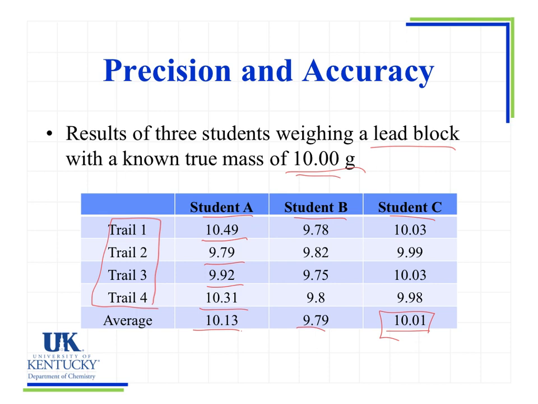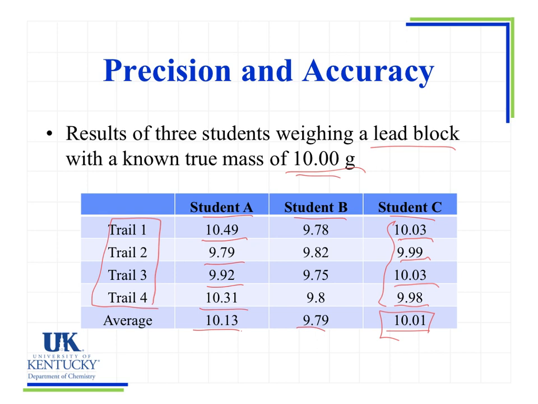But if you look at these numbers, student C has 10.03, 9.99, 10.03, so it seems very close together. All these 4 data are very close together, and also close to the accepted value. So it's both precise and accurate.